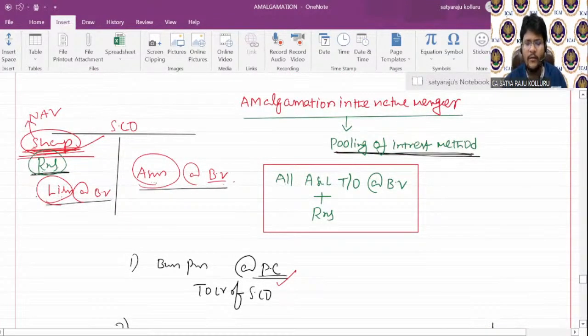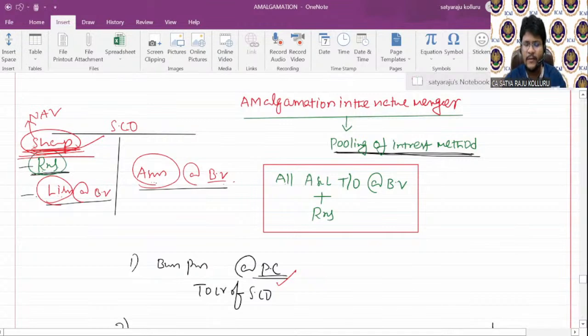The NAV of the selling company is total assets minus total liabilities minus reserves and surplus. Then automatically the NAV of the selling company would become the share capital of the selling company.